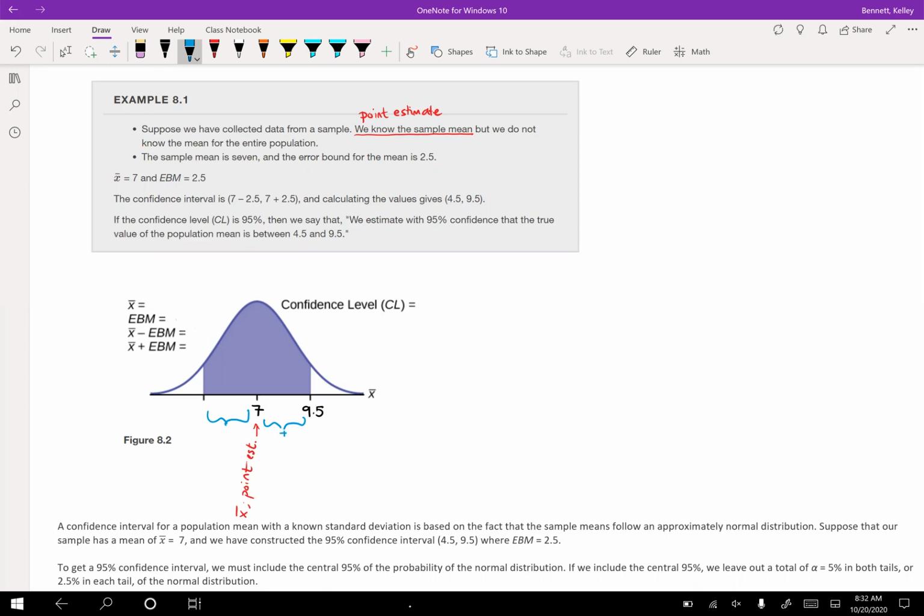This is plus the error bound for the mean, and this is minus the error bound for the mean. I should really have directional arrows here, but whatever. I'm sure you get it. What will I get? 4.5. Then our confidence level is, they tell us, 95%.